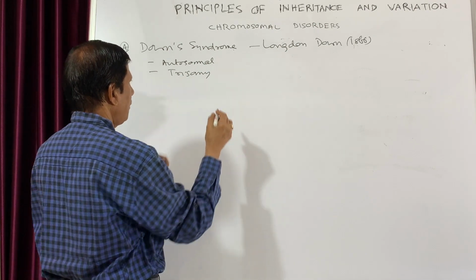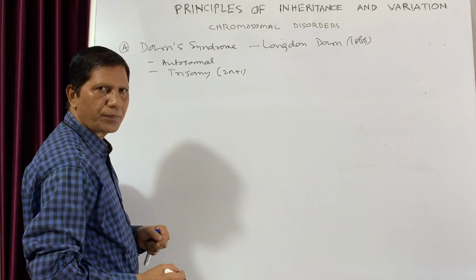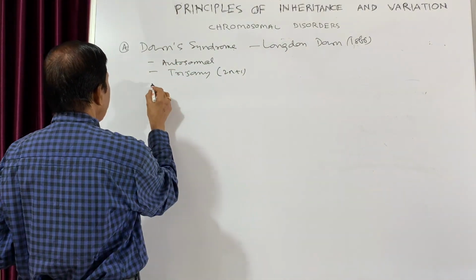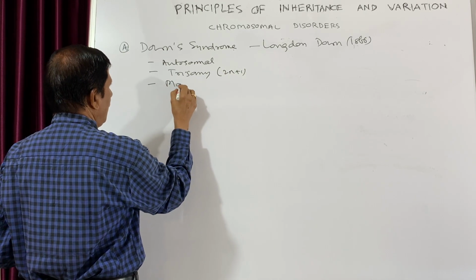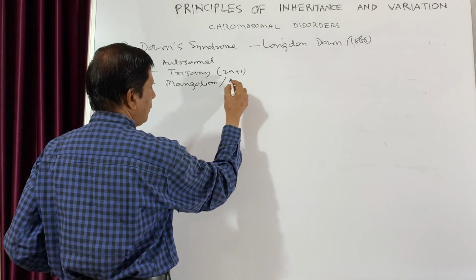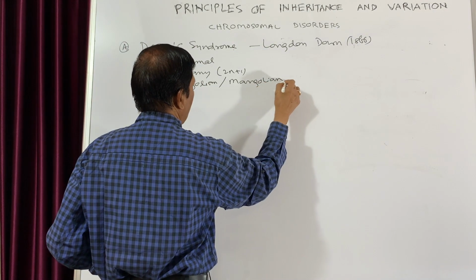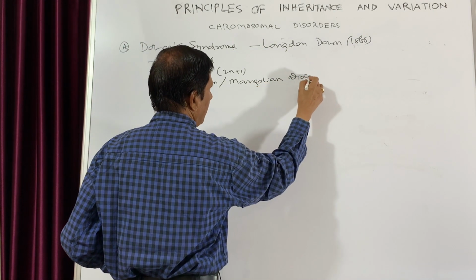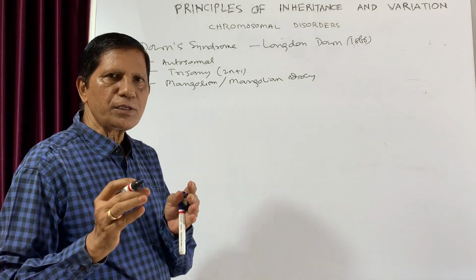That means the extra chromosome is due to that autosome. And this is also known as Mongolism, or Mongolian idiocy. So in this case, the total number of chromosomes is one extra.